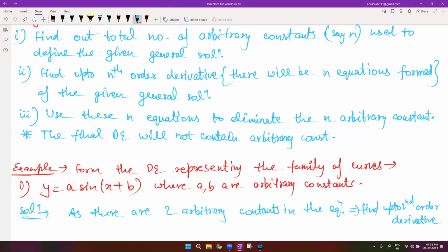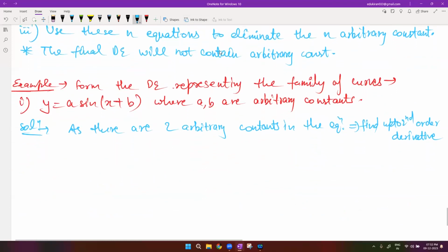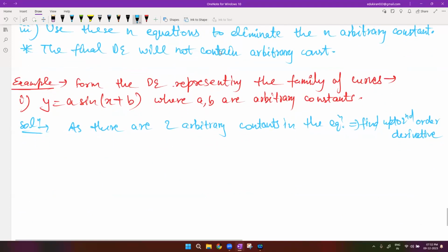Right. We have the equation. We will have to find out up to second order derivative. That is, first we will find out dy by dx, then we will find out d2y by dx2. Right. And using these two equations, we will try to eliminate a and b. And if we are able to eliminate a and b using these equations, then we will get our required differential equation.